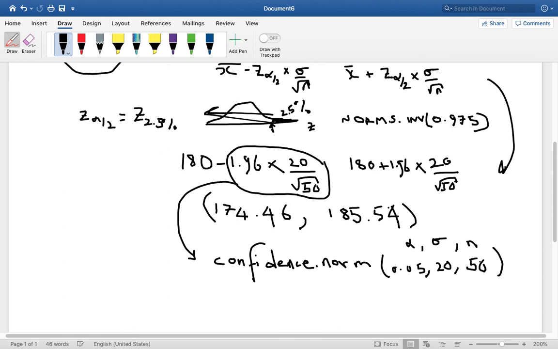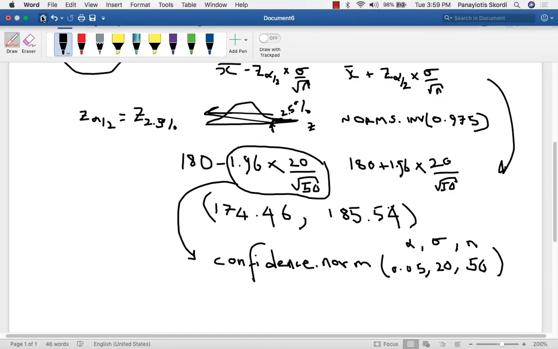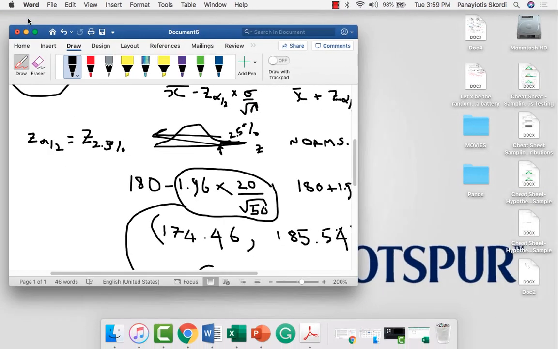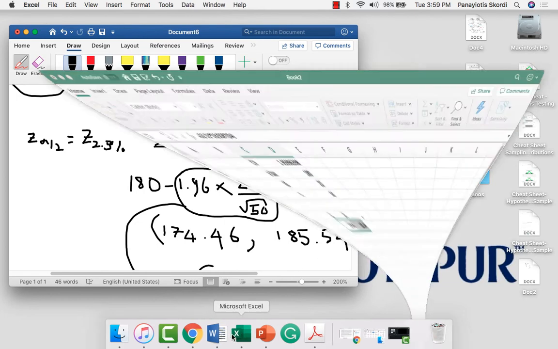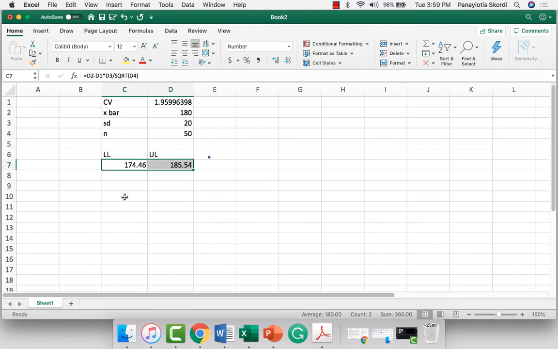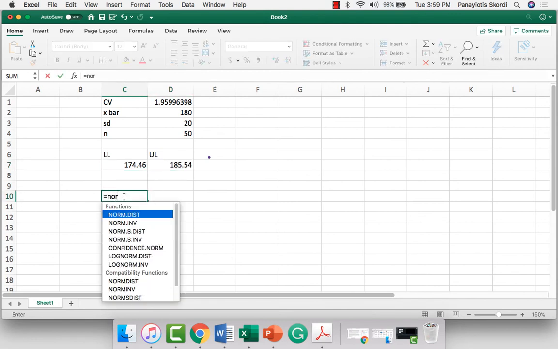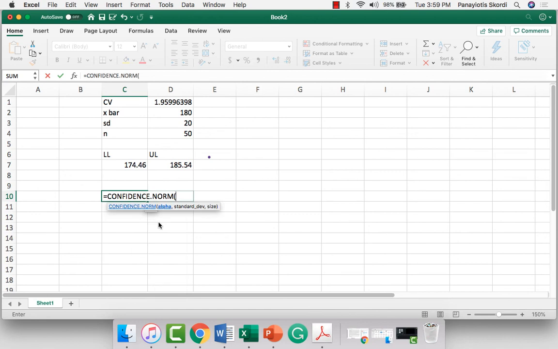So we can actually put that into Excel and let's see what it comes up with. Let's go to Excel. What we could have done is use equals confidence.norm, there you go.